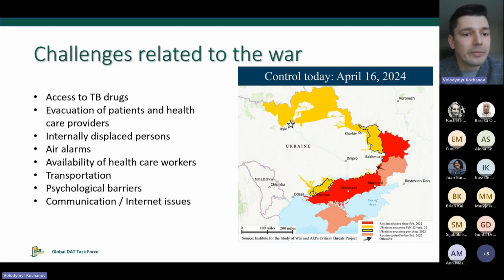And this influences the availability of healthcare providers, because they need to go to the shelter during the air alarms, and not only healthcare providers, but people and transportation challenges due to safety concerns, as well as psychological barriers, because priorities of people during the war are switching, of course, to protecting themselves and their loved ones.